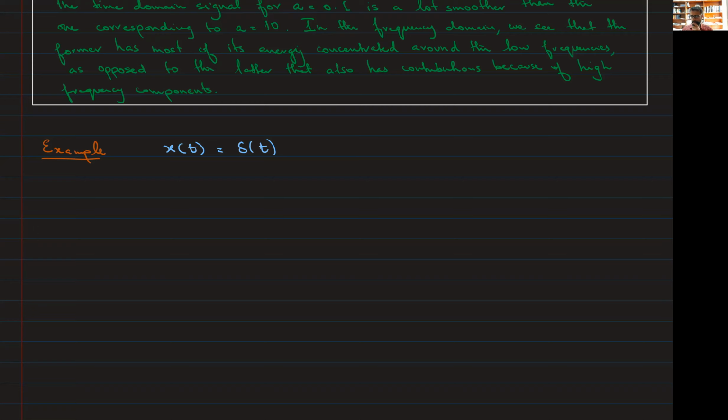And I ask you to find what the Fourier transform for this unit impulse is, right? So how do I compute the Fourier transform? I need to compute the Fourier transform to be able to find out what type of frequencies this unit impulse contains. I just apply the definition, and I know that X of j omega by definition is equal to the integral from minus infinity to plus infinity.